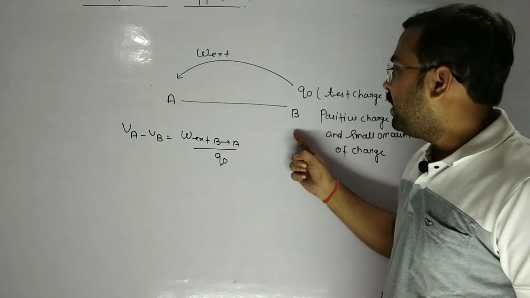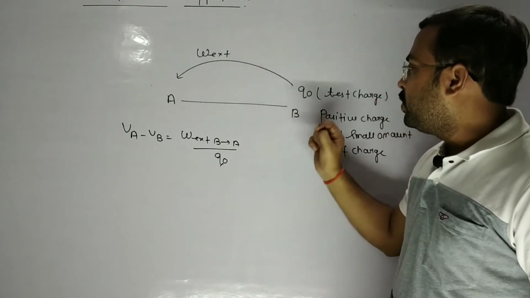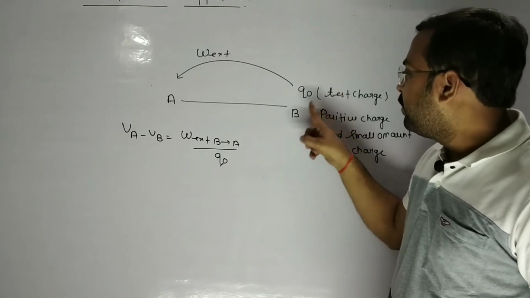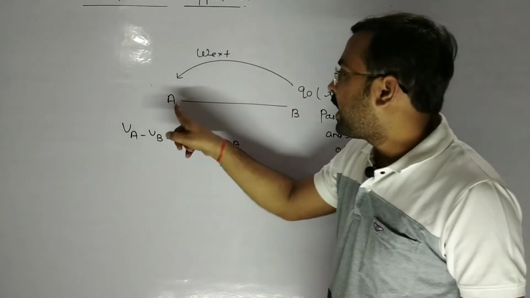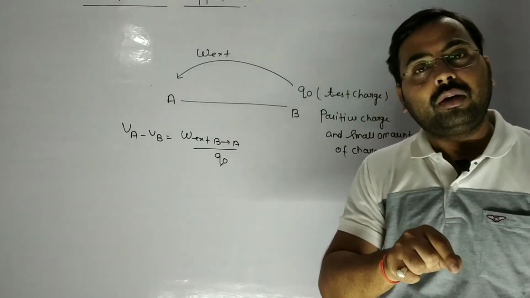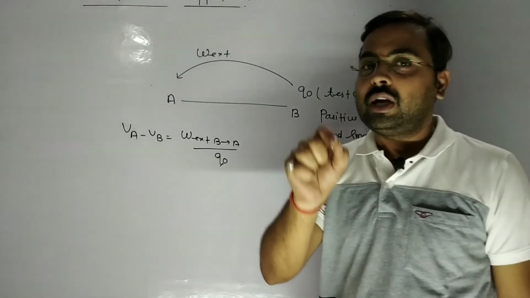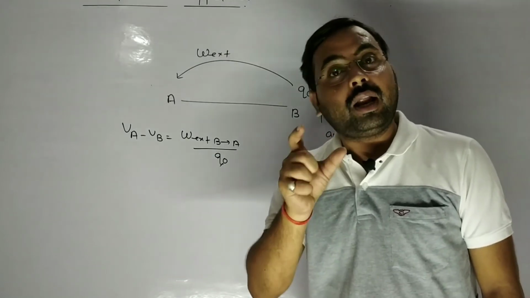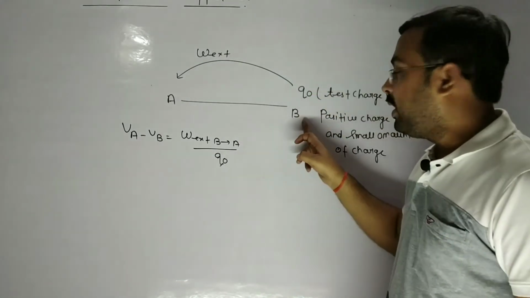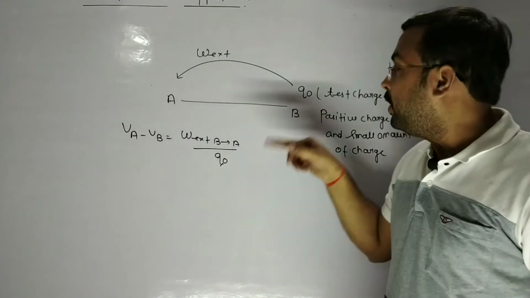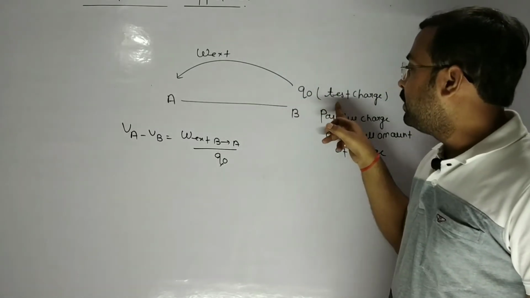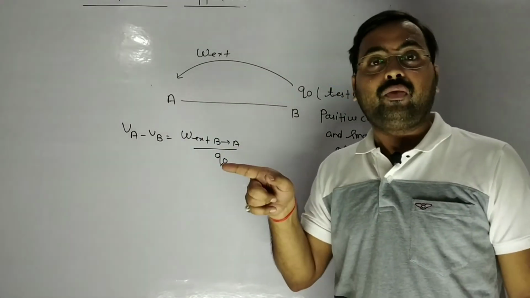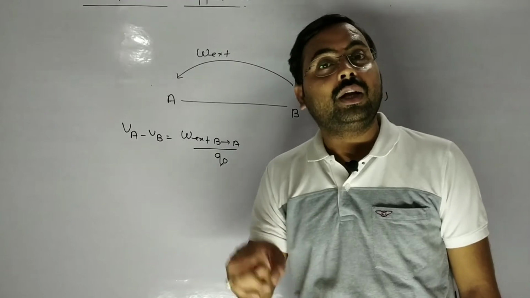The work done by an external agent to carry or bring a test charge from the first point to the second point in a field is called potential difference.